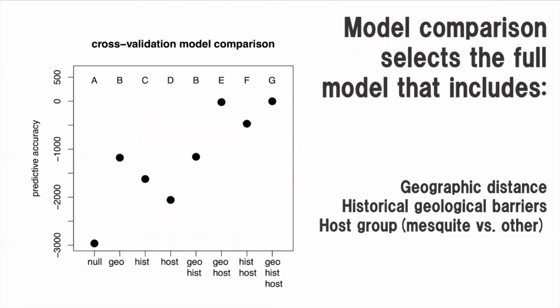When we do a cross-validation model comparison to look at the predictive accuracy of these different models, there's actually a slight but significant increased predictive accuracy of choosing the full model with all 3 factors.